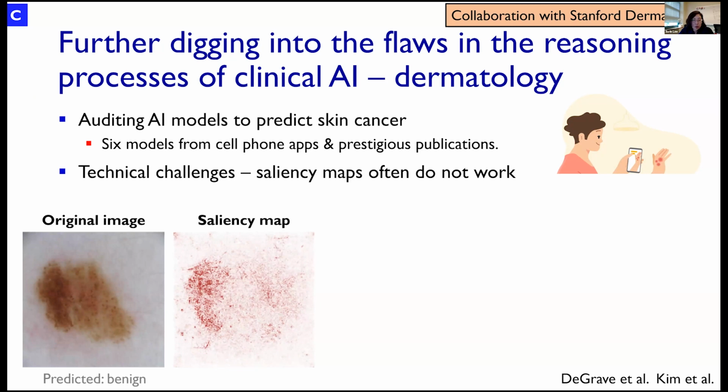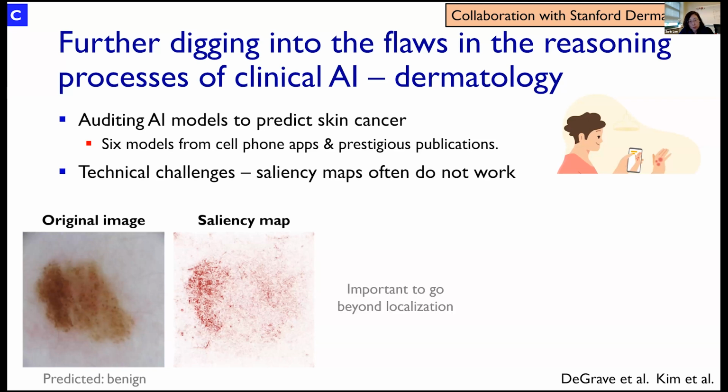So let's say you have this original image, a dermoscopic image of a potential lesion, and it's predicted to be benign. But when you look at the saliency map, it's not really insightful, is it? It's basically pointing to the whole lesion. It doesn't really tell you what aspect of this image led the AI model to that prediction.